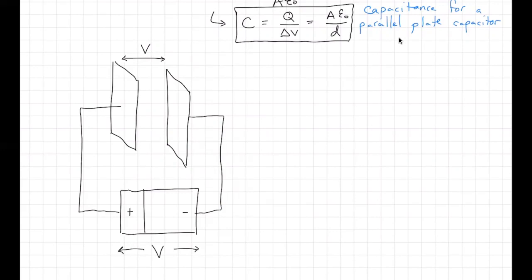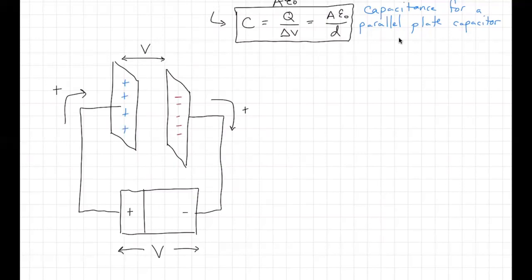If we imagine the current as positive charge carriers, you can imagine positive charge flowing onto this plate, positive charge flowing that way, and positive charge flowing off of this plate, as the positive charge is pushed away from the positive terminal of the battery and attracted towards the negative end of the battery. The effect is that we build up a bunch of positive charge here, and a bunch of negative charge here.